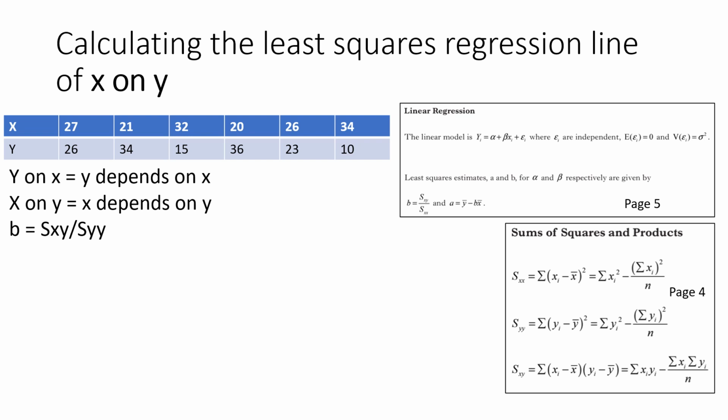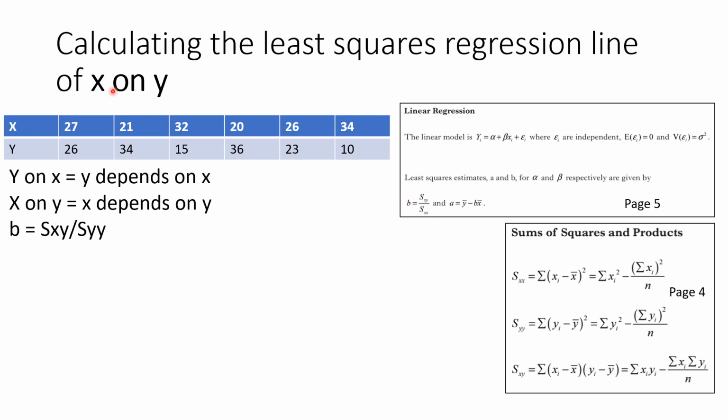The other type of question you can be asked is calculating the least squares regression line of x on y. So before it was y on x, which means that y depends on x. But if it's x on y, x depends on y, and we change our b formula. In the core spec, the b formula for y on x is sxy over sxx.